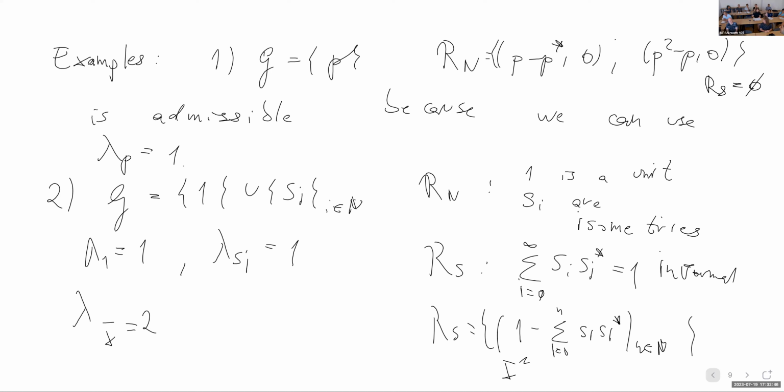Why is SOT used here? I would say it's the same in the sense that this tends to 1 in the norm, for instance. No, those are projections, so the strong operator topology is very much a case of projections.